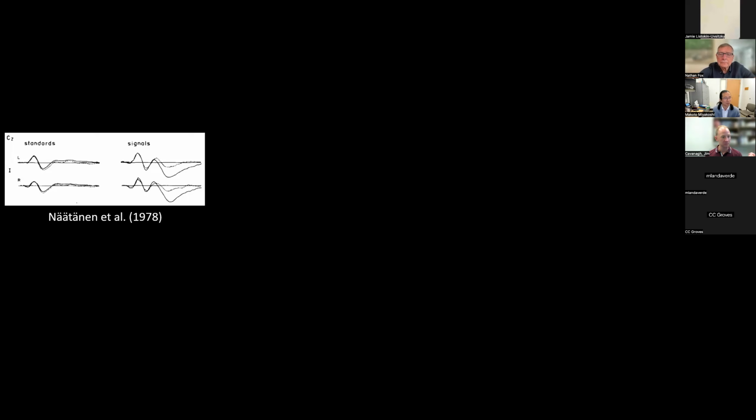So this is the classical ERP of the mismatch negativity by Näätänen almost 45 years ago. And we see the difference in the ERPs. And this difference comes from the fact that the standard is the ERP response to the background, and the signal is a deviation from the background context.